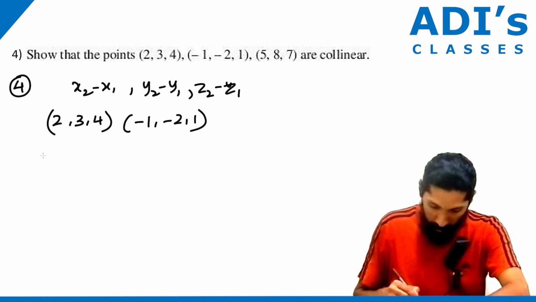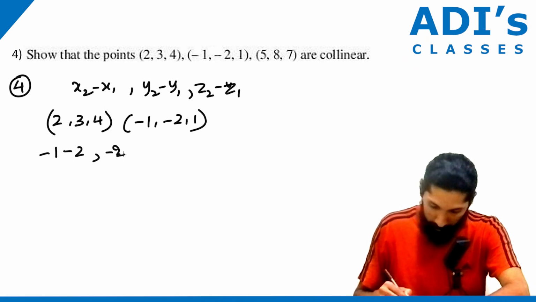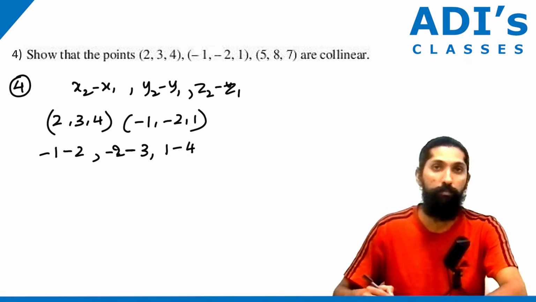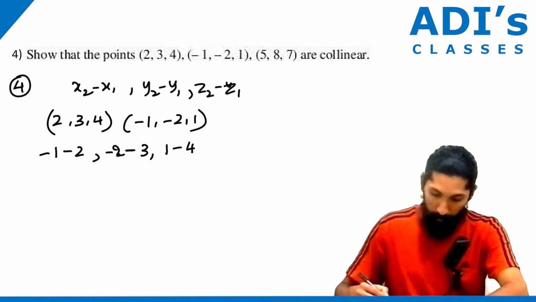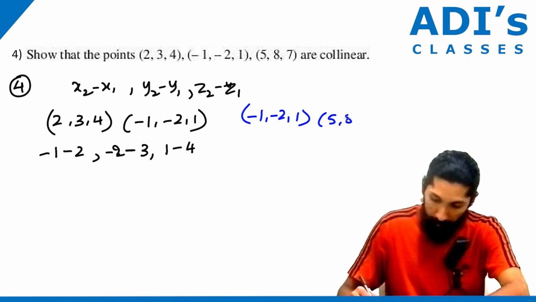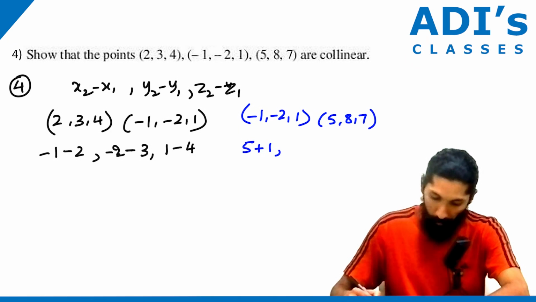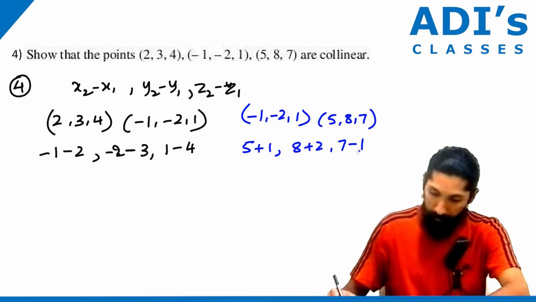Minus 1, minus 2, minus 2, minus 3, 1, minus 4. Okay, first case. Second, we'll take the next point, minus 2, minus 1, minus 2, 1, and 5, 8, 7. Here also calculate. 5 minus of minus 1, 5 plus 1, then 8 plus 2, then 7 minus 1.